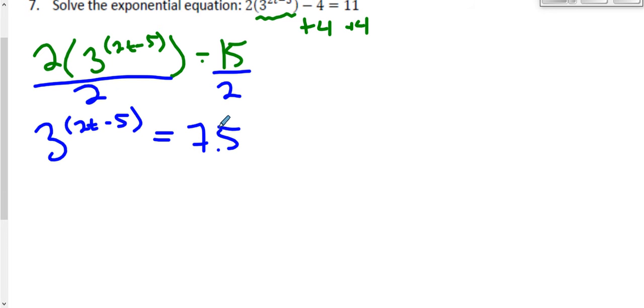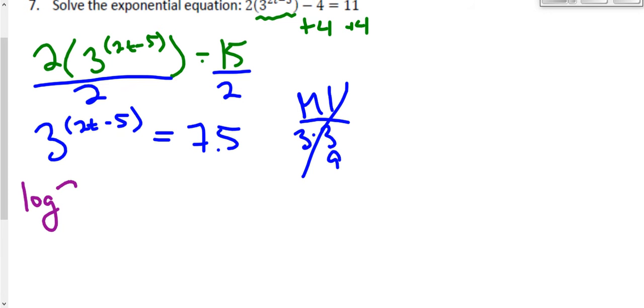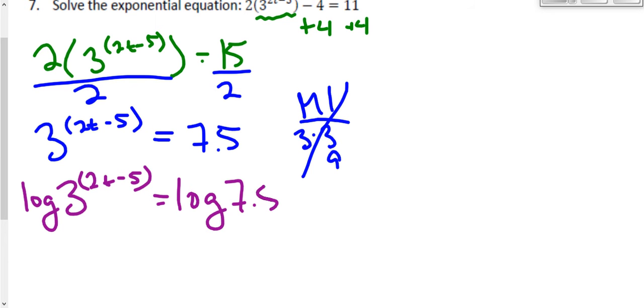Now the reason for that is because if I try method 1 right now, I could try to give both sides base 3, but as soon as I multiply it by itself, it's 9, and it's not going to equal 7.5. So method 1 doesn't work, which means I'm going to have to take the log of both sides, the log of 3 to the 2t minus 5 power equals the log of 7.5. This is method 2.